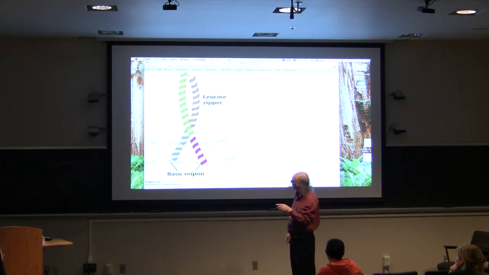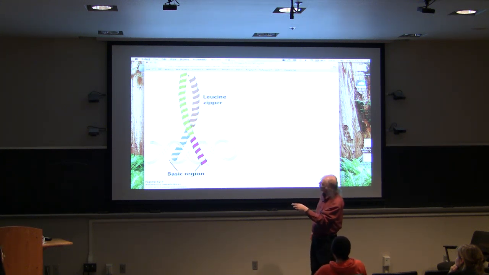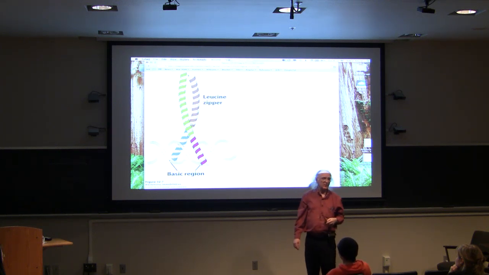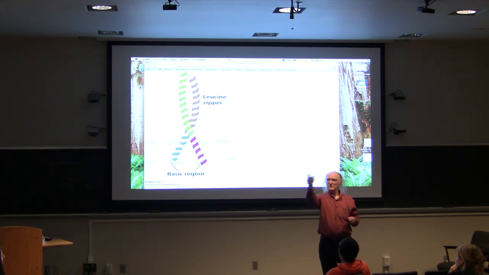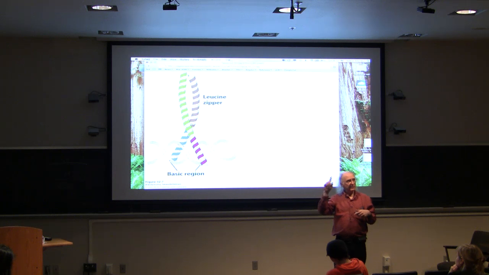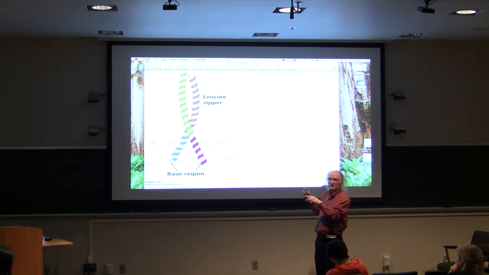So every turn, right there, right there, right there. Each time we see a leucine. Well, to go around one time is about 7 amino acids. One loop is about 7 amino acids. So every 7 amino acids, we see a leucine sticking out.